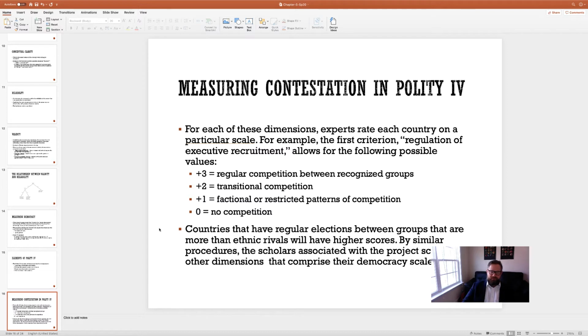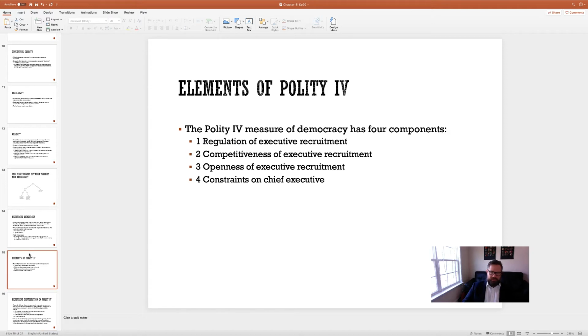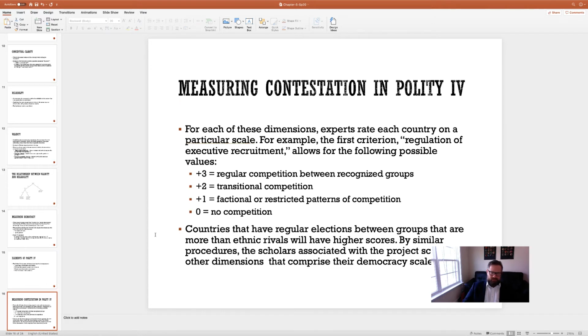Or 0 if there was no competition. So for regulation of executive recruitment, that would be the first one. Regular competition between recognized groups would be the highest you can go, and no competition between the groups is the lowest, right? So you could imagine the different countries in which these would apply.